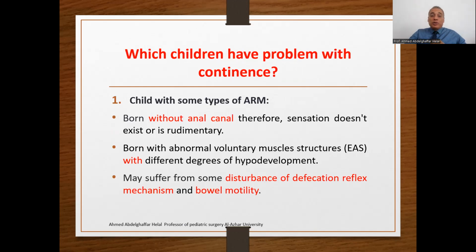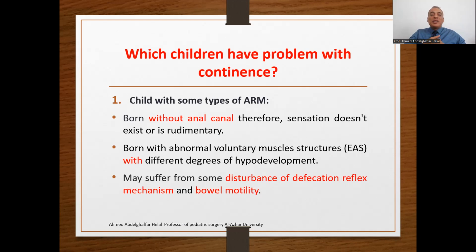We have children with some types of anorectal malformation, some complex anorectal malformations born without anal canal. Therefore, sensation doesn't exist or is rudimentary. No anal canal sensation.